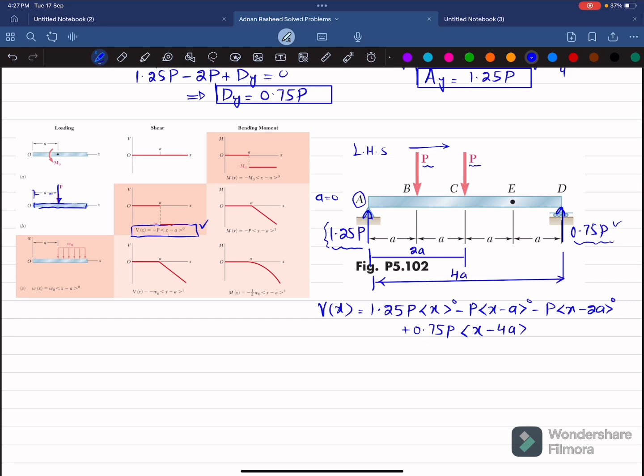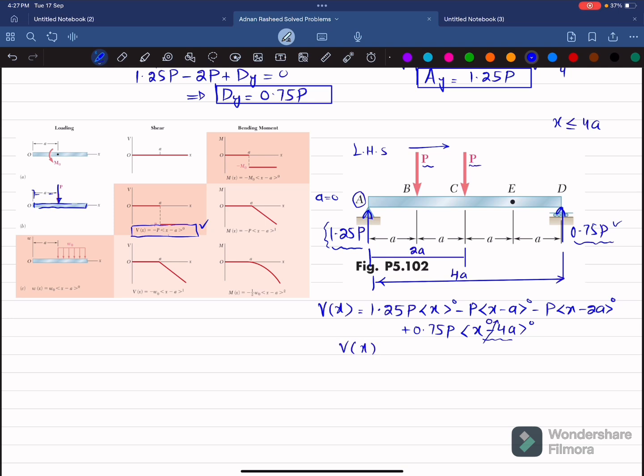Now what if x is less than or equal to 4a? When you put it in this equation, this term will be negative, and anything negative inside this bracket, which is known as the Macaulay bracket, will be considered 0. So whether x is less than 4a or equal to 4a, this term will be 0. That's why we neglect this.